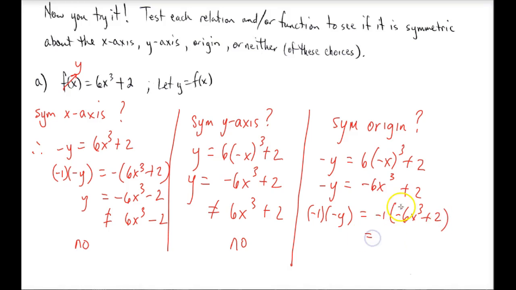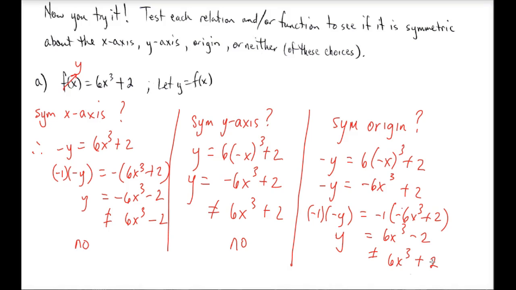And so from there, we distribute. So that would be a 6x cubed minus 2. And then that would be a positive y. And so if we look there, we see that this particular one does not equal 6x cubed plus 2 either.